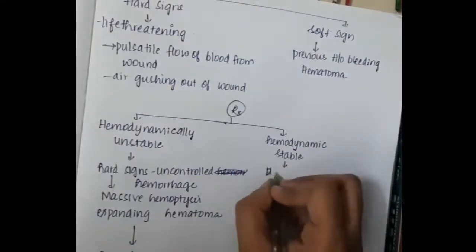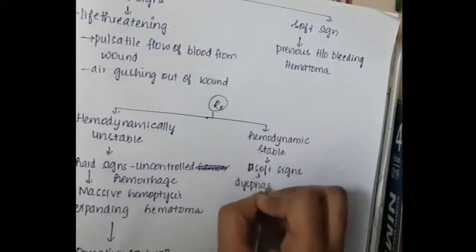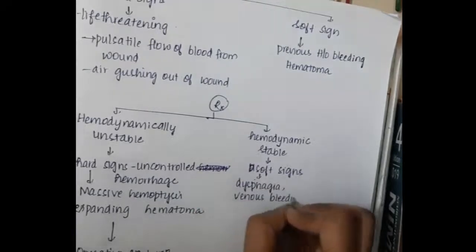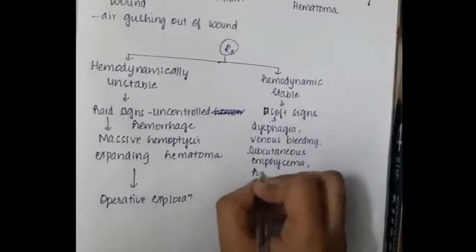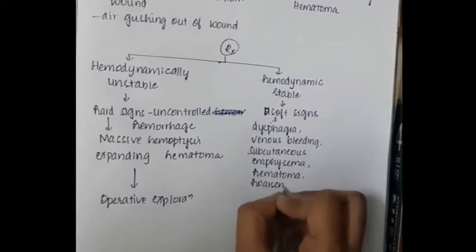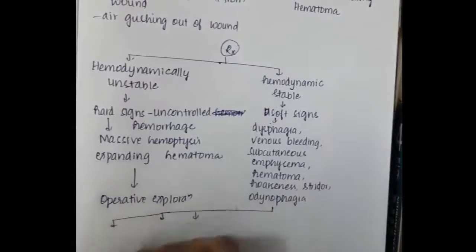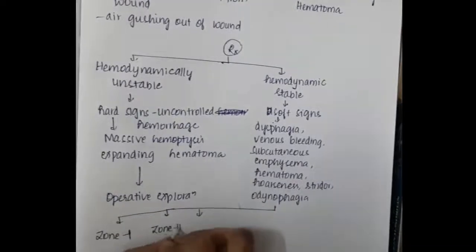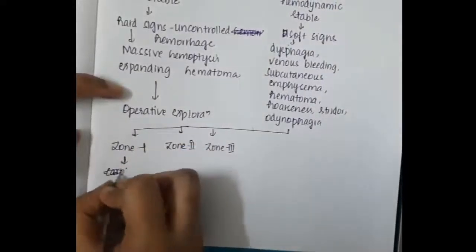Then if the patient is hemodynamically stable, mostly soft signs will be seen, like dysphagia, venous bleeding, subcutaneous emphysema or hematoma, hoarseness of voice, stridor and odynophagia. If the patient is hemodynamically stable, now you should proceed based on the zone.